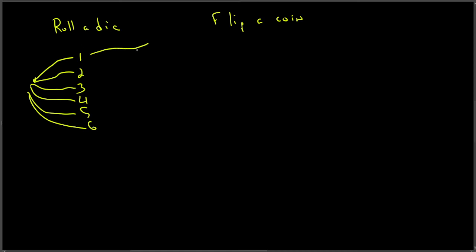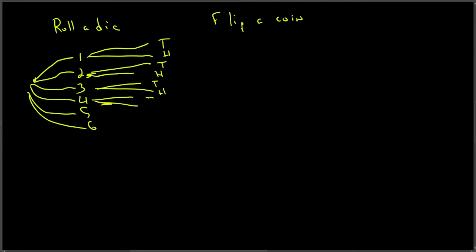And then when I go to flip a coin, that's tails, heads, tails, heads. Sorry, I get my tree branches to connect back better here. Tails, heads, tails, heads, tails, heads, tails, heads.